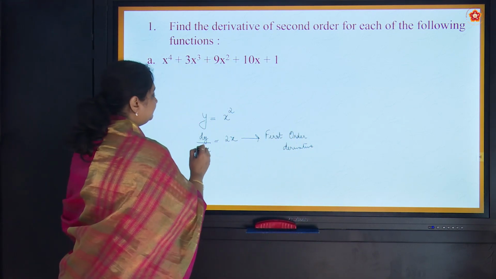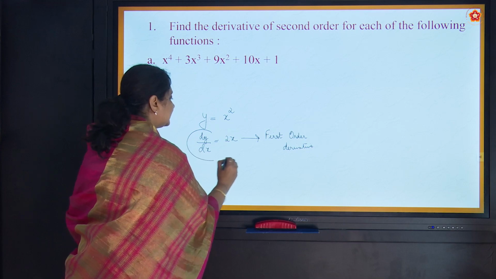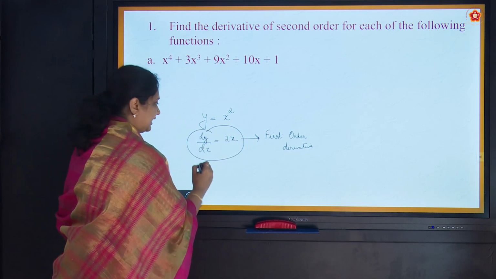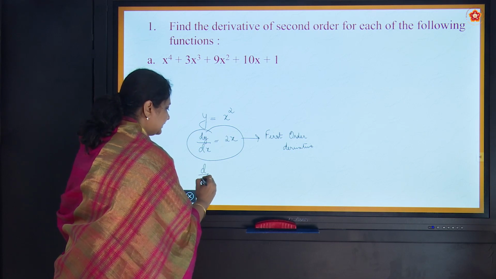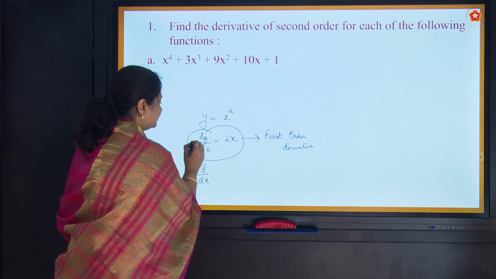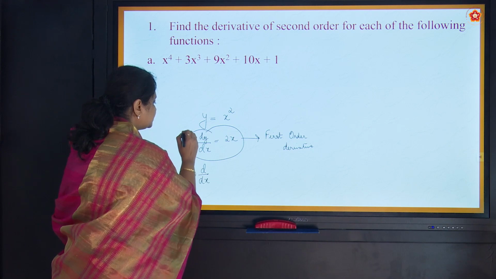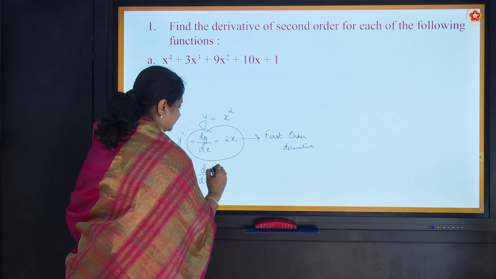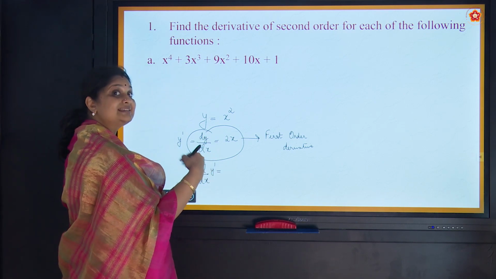Now, when we differentiate this particular function, the first order derivative, with respect to x again, that is d by dx of this, let me call this y dash, then I get the second order derivative.